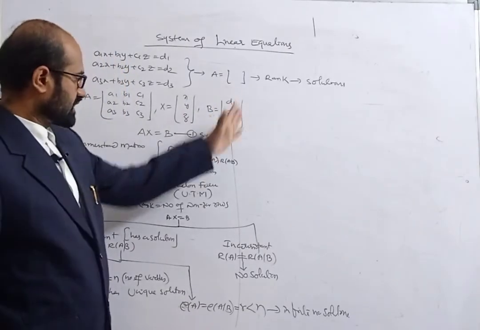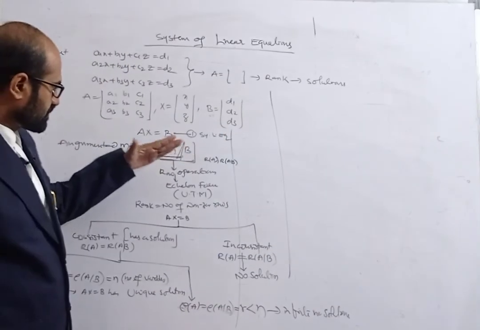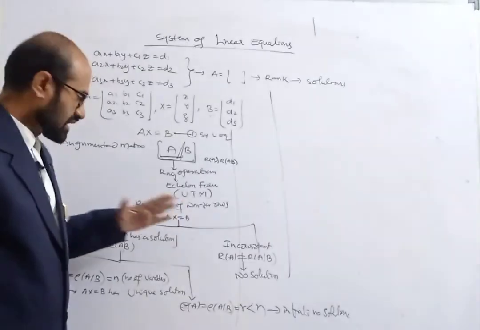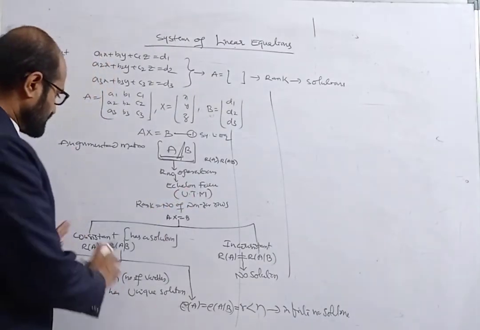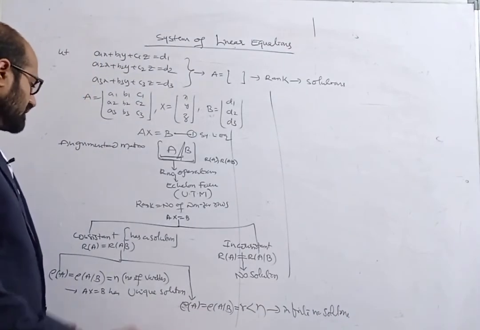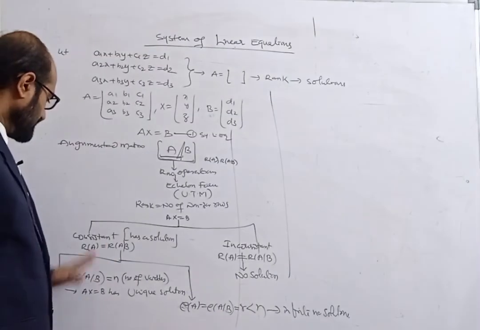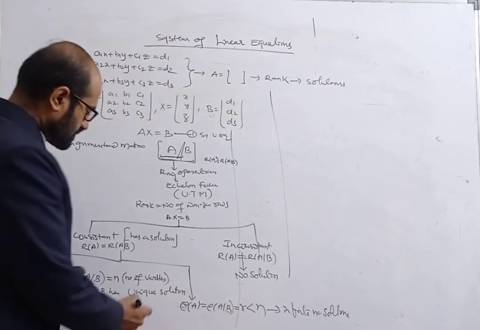Now let us take one problem, and we should find the rank of the matrix. After finding the rank, find the rank of A and rank of AB and check whether it is consistent or inconsistent. If it is inconsistent, then no solution. If it is consistent, again check: rank of A equal to rank of AB, which is equal to n, then you will get a unique solution.